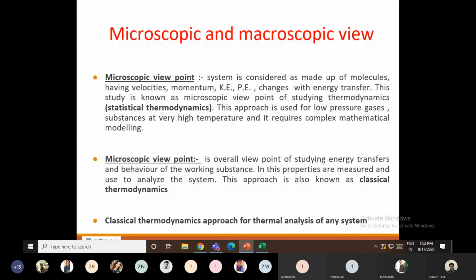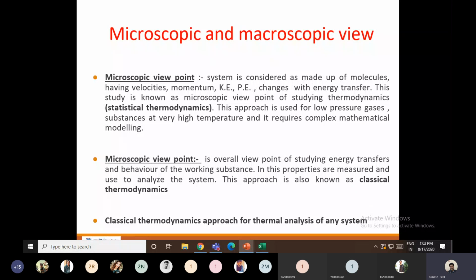In the microscopic viewpoint, the system is considered as made up of a number of molecules, and each molecule has a certain velocity in all directions, x, y, and z. So it will have a velocity, it will have a momentum. As the molecule is moving with a velocity, it will have its own kinetic energy.